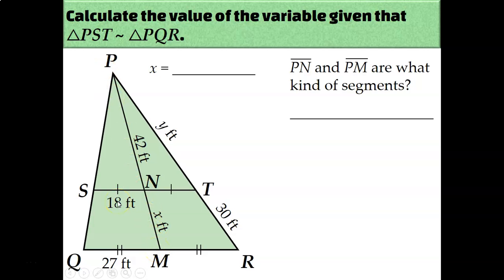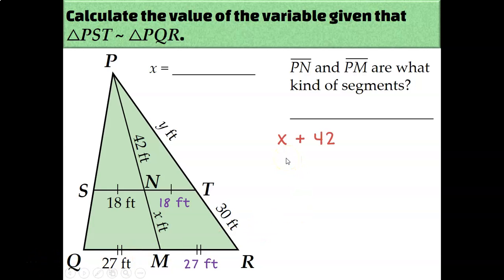Now I need to compare it to corresponding sides that I know both lengths of. But 18 isn't actually a full length. 18 is just from S to N. But since N is the midpoint, we would know that this side is 18, and since M is the midpoint here, we would know that this side is 27. So actually this whole side length is 36, and this whole side length is 54.